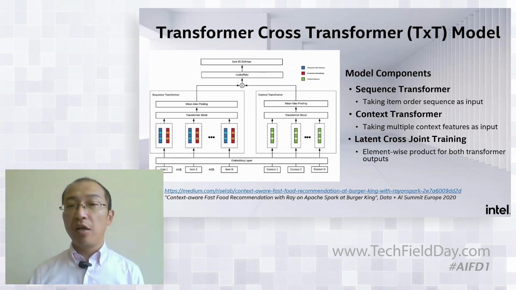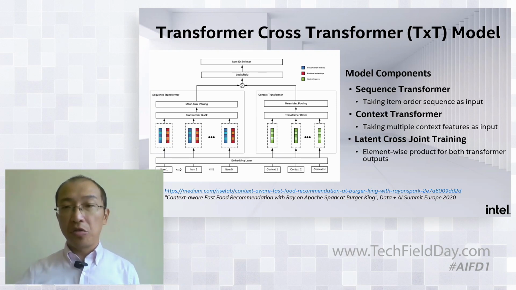And then there is a bunch of context information, like, as mentioned, the location, the weather, the time, and so on. We use another transformer architecture to extract features from those contexts. And then we do a so-called latent class between those context information and the sequence information for joint prediction.